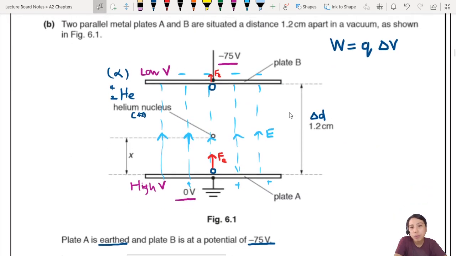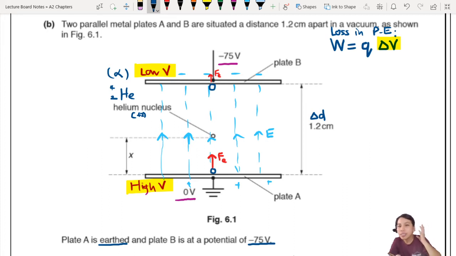W equals QV, from AS. If you cross a potential difference from high V to low V, there is work done, or a loss in potential energy, because potential V is linked to potential energy. So this equation represents the loss in potential energy of the particle.